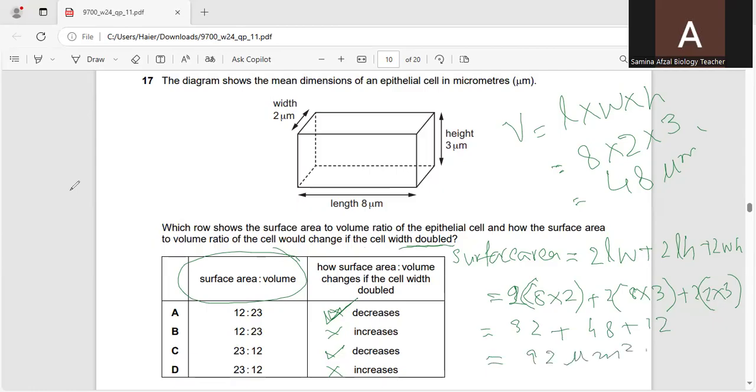So the surface area to volume ratio is equal to the surface area 92 and the volume 48.